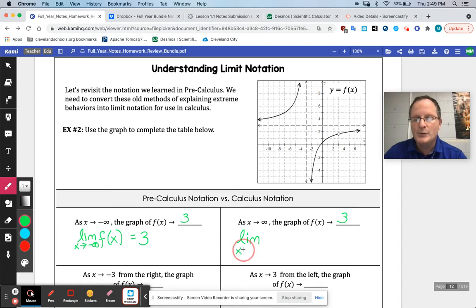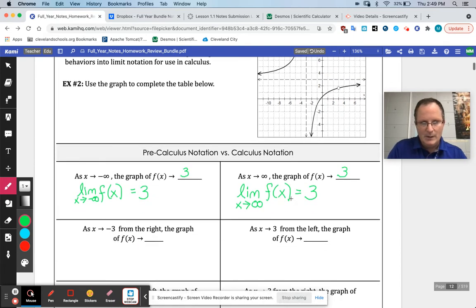As x approaches infinity of f of x is also 3. But it's approaching from a different direction, right? Over here, we approached it from the top. As we go to the left, our y values are getting close from above. And over here, my y values are approaching from below.